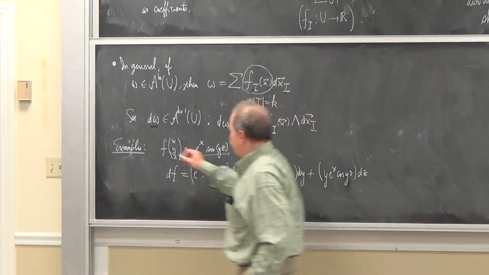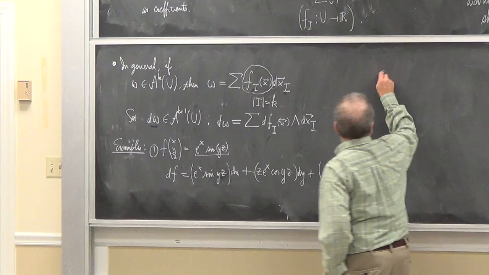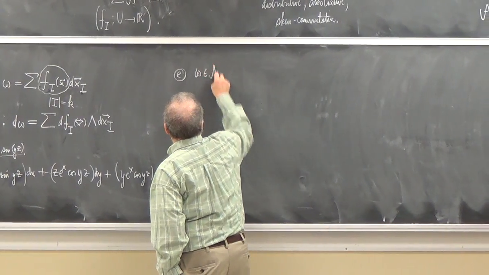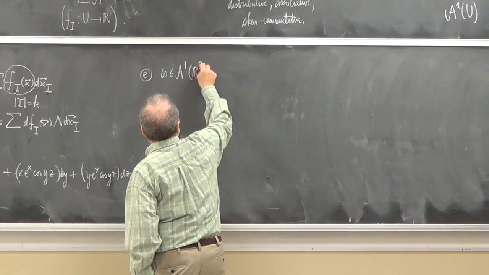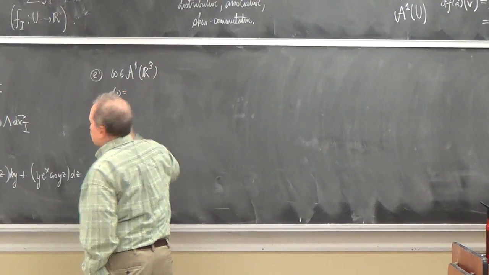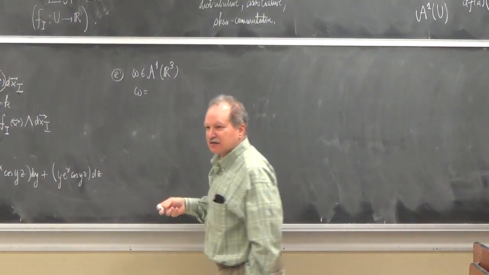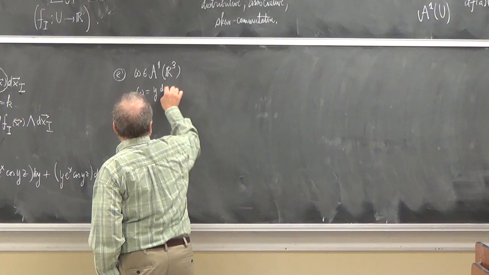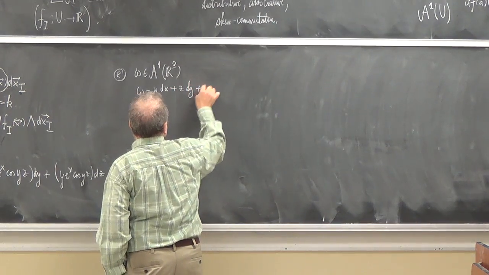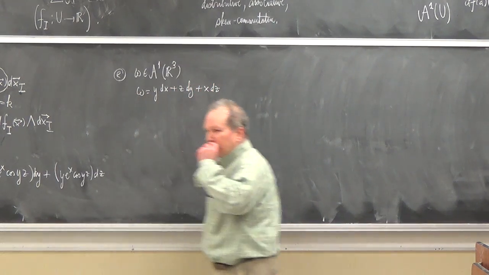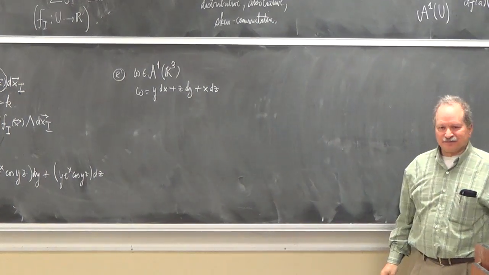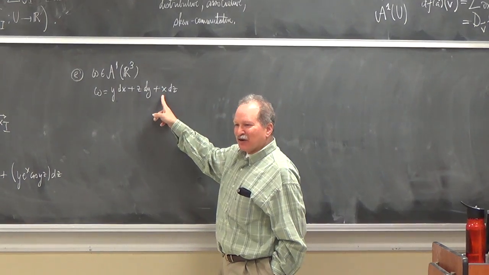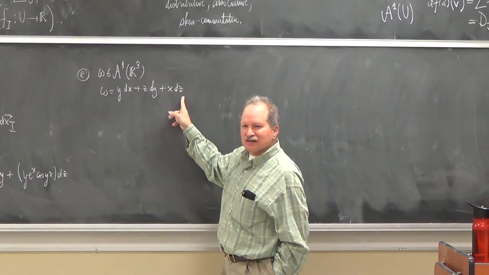So that's the first example. Now suppose I take omega to be a 1 form on R3. I'm just going to make up one at random, more or less. Suppose I took y dx plus z dy plus x dz. These are functions, right? That are each coefficients of the basis 1 forms.